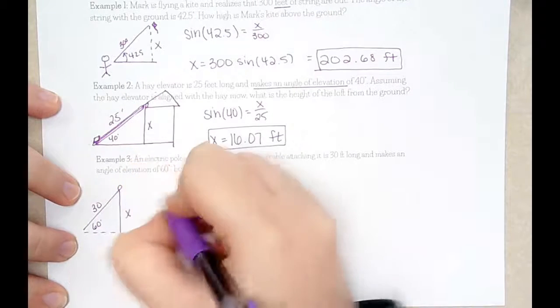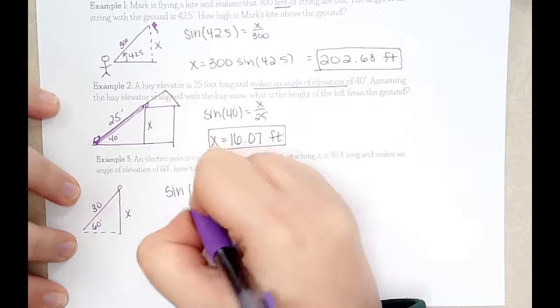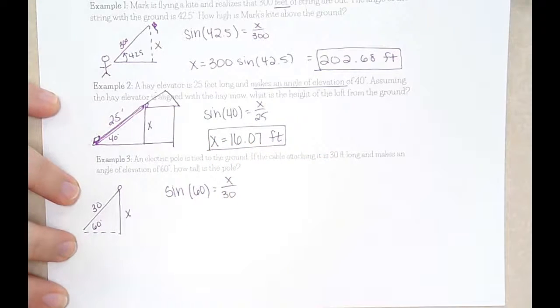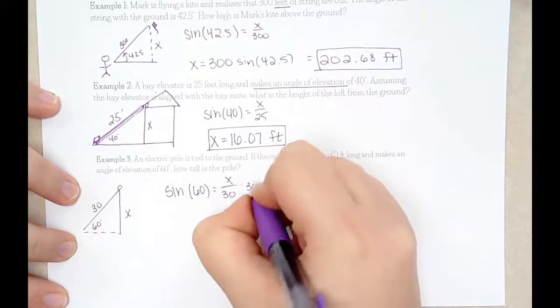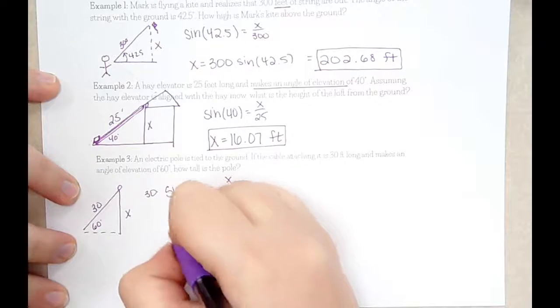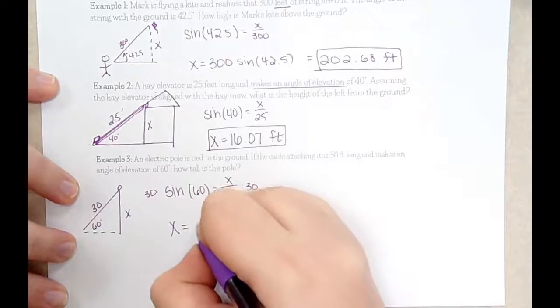Multiply both sides by 30. We're going to do 30 times sine of 60, and I get x equals 25.98 feet. So our electrical pole is about 26 feet tall.